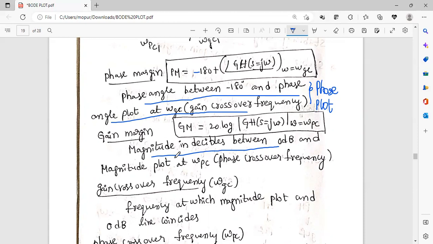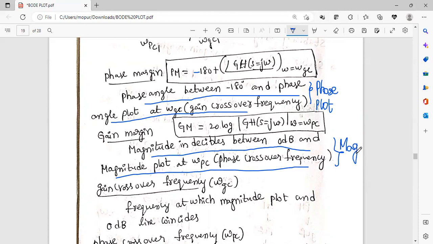And gain margin is the magnitude in decibels between 0 dB and the magnitude plot at phase crossover frequency. So this is taken from the magnitude plot. So gain margin is actually the magnitude in decibels, the distance from 0 dB to the magnitude plot at phase crossover frequency.